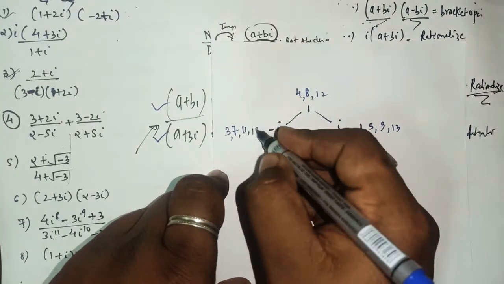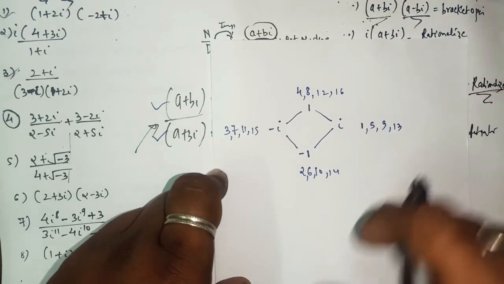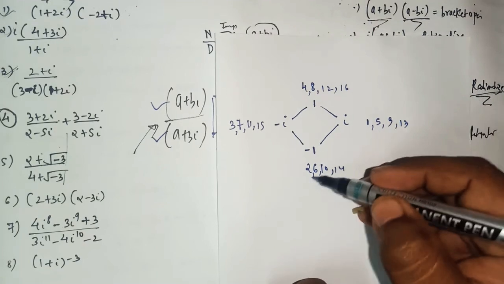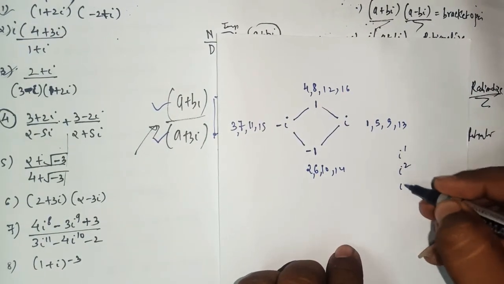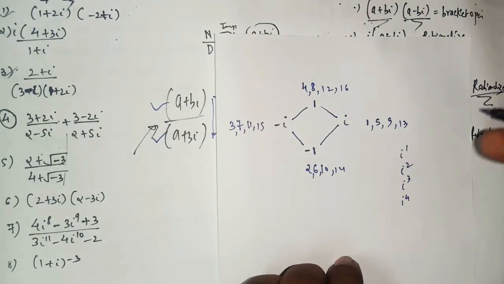Sir, what are you doing, you're playing with numbers or what? No, this is actually the trick. Now this 1, 2, 3, 4 is what? It is a power: i raised to 1, i square, i cube. This number indicates the power of i.